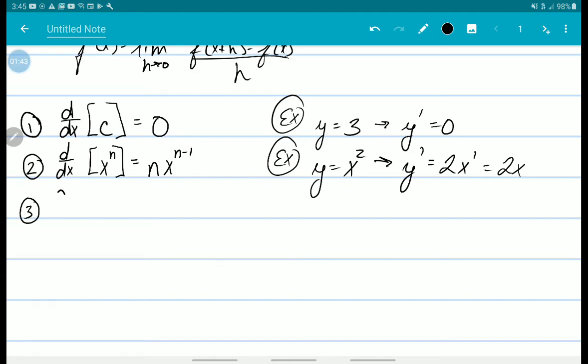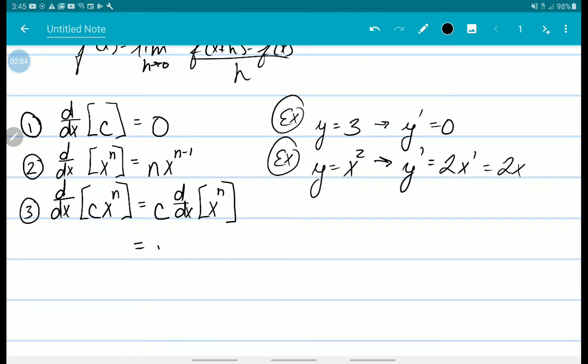Our third one is a constant times the power function. So it's a constant multiple of the power function. So we could think about that as bringing that c, that constant value, out and taking the derivative of the power function.